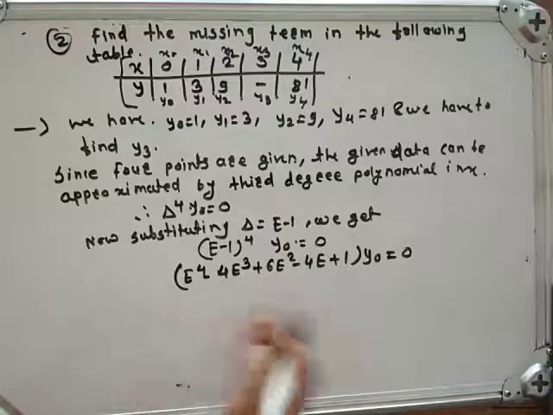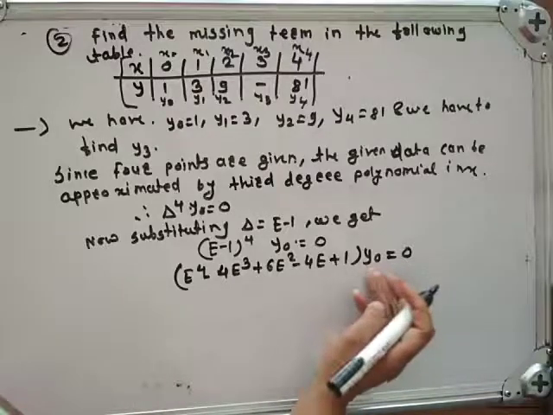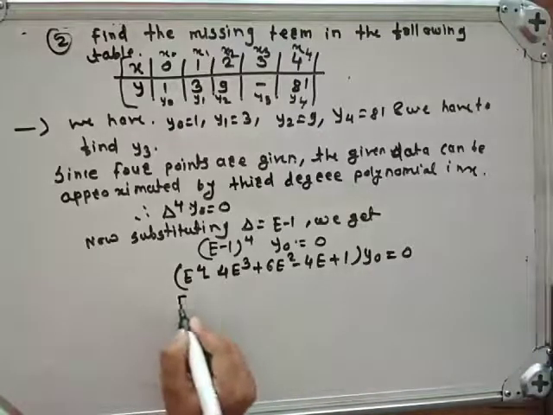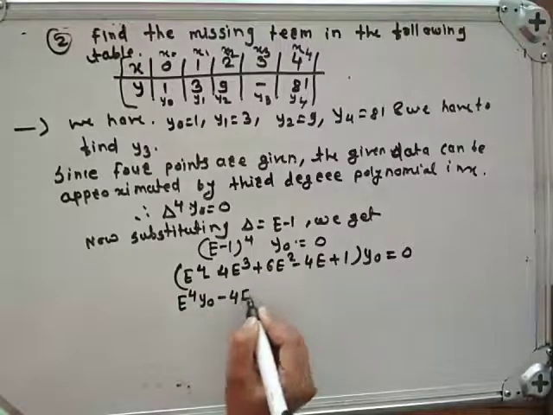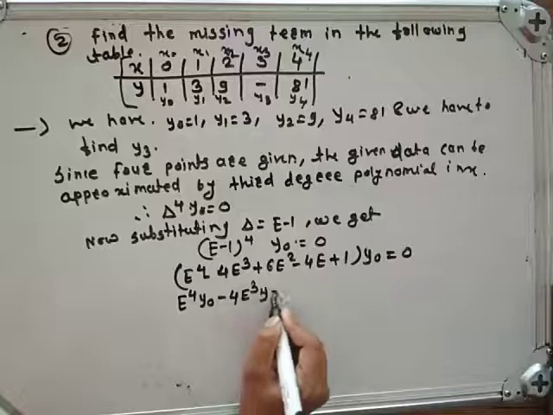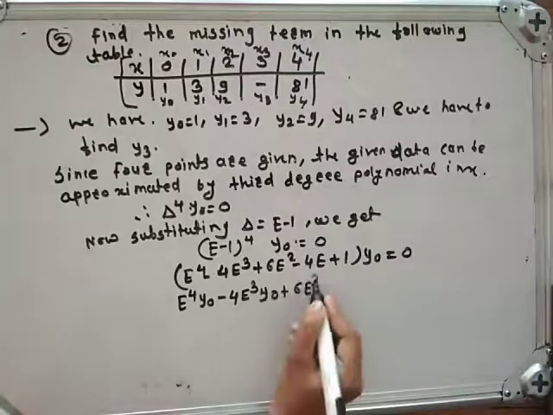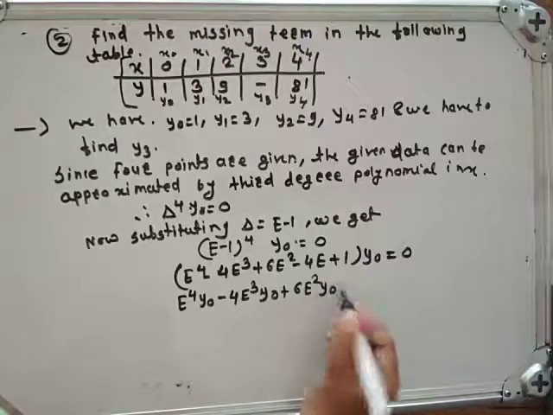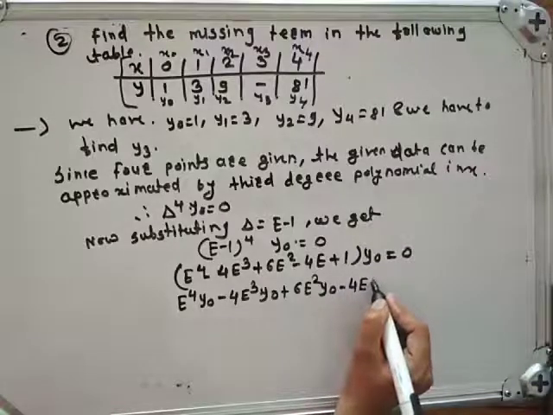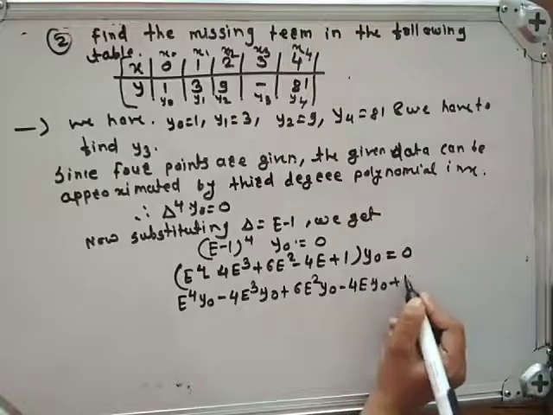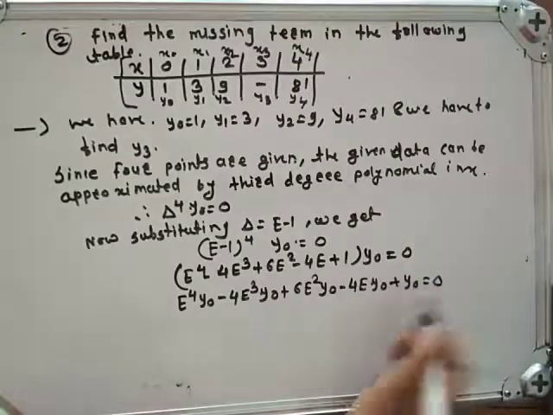Now multiply this y0 in the bracket, you will get e raised to 4 of y0 minus 4 into e raised to cube of y0 plus 6 into e square of y0 minus 4 into e of y0 plus y0 is equal to 0.